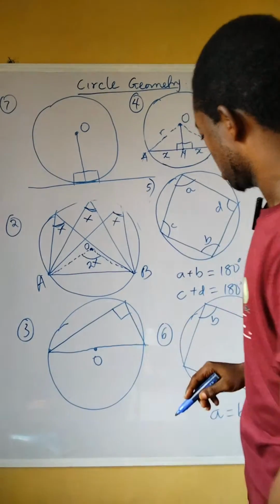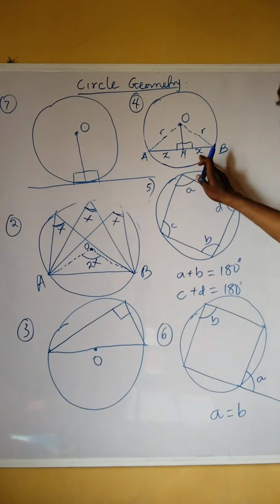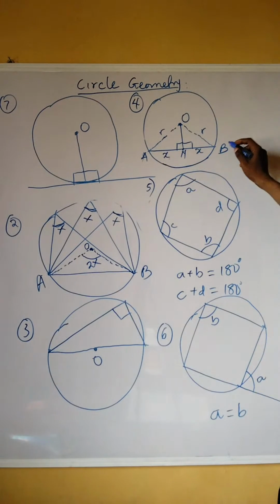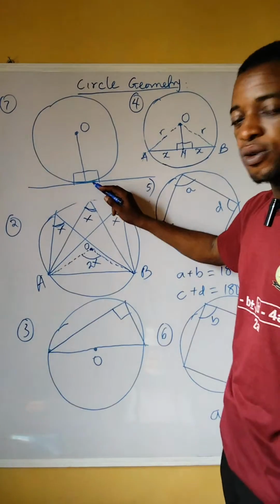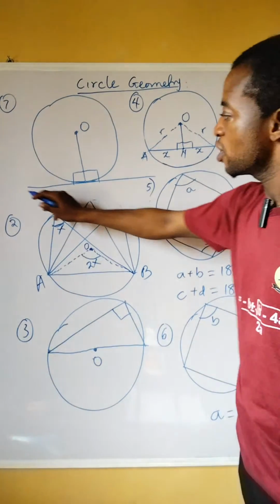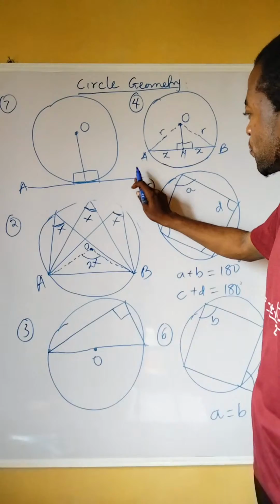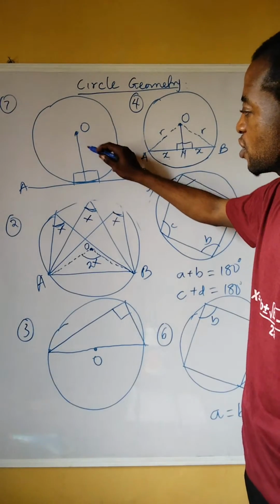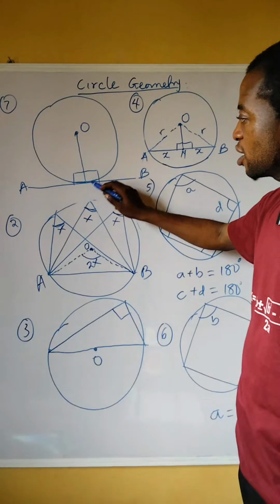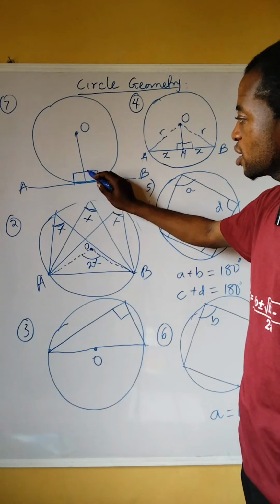tangent. Now, that theorem is somewhat similar to this, but in the case of theorem 4, it is a chord. But now, it's no longer a chord, but a tangent. So if we have a tangent AB, a line drawn from the center of the circle to the point of contact is perpendicular to the tangent.